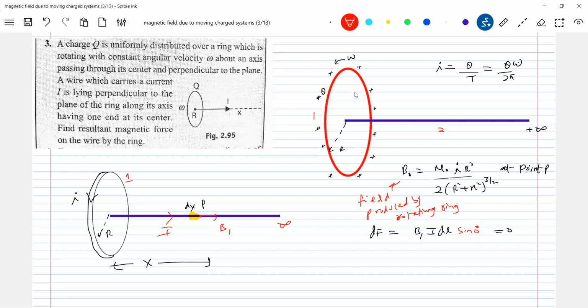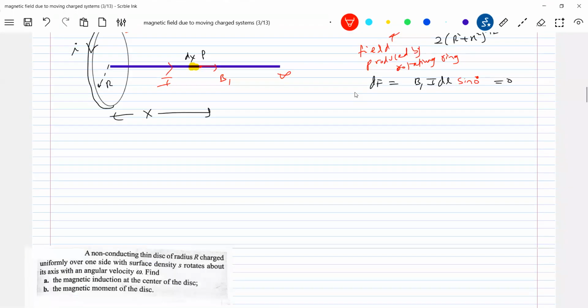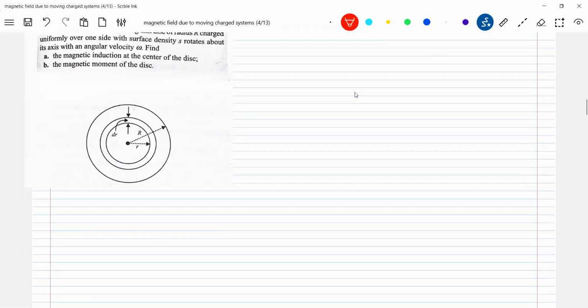Next we go for another rotating charged, non-conducting object. This is a disk. Supported with a diagram. Let sigma be the surface charge density. How much charge is present in this?